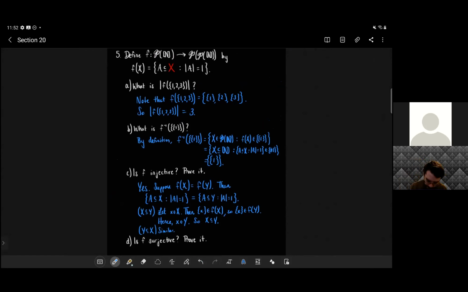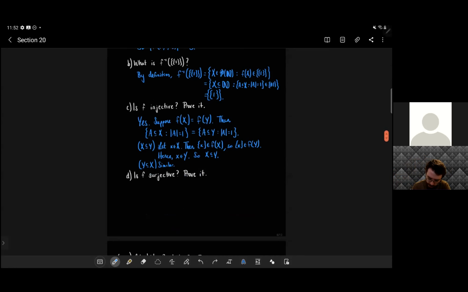To be surjective means I need to spit out every possible collection of subsets of the naturals. But thinking back to this, it only spits out collections of singletons. It's never going to spit out a collection of sets with 2 elements. So why not say that?